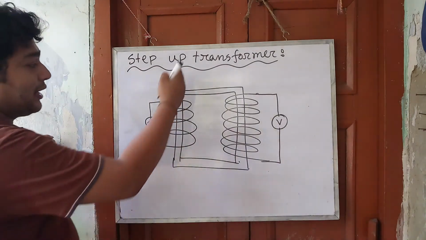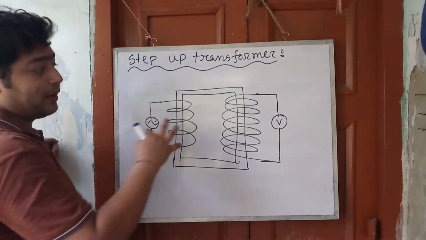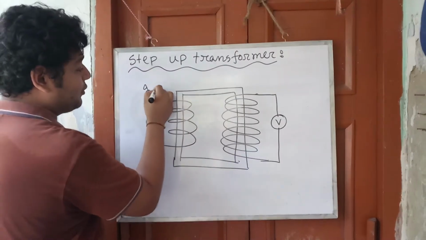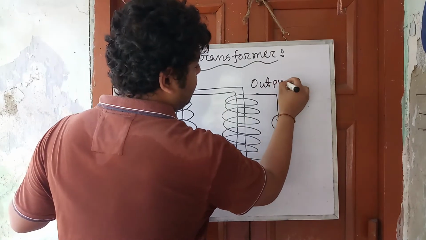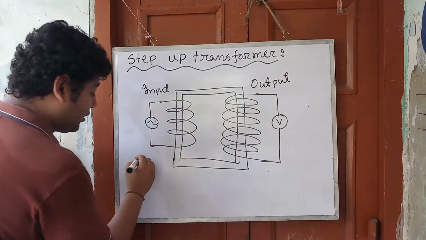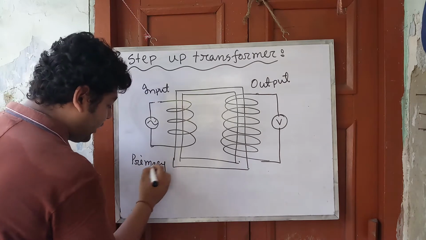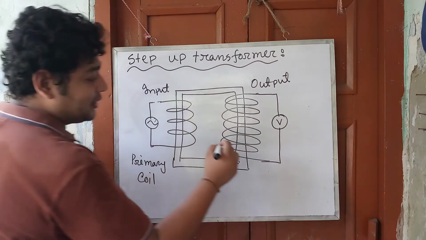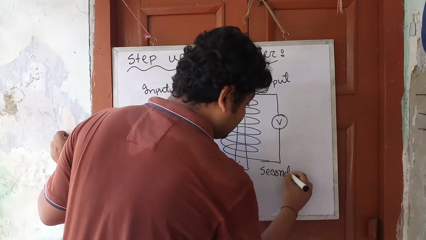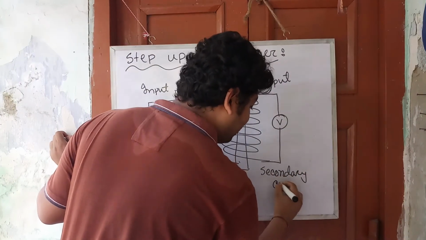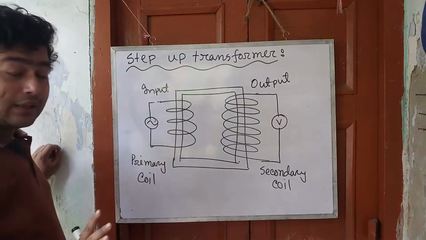Here we get two parts: this is the input part and this is the output part. This coil is called the primary coil, and this part is called the secondary coil, and these are the numbers of turns.